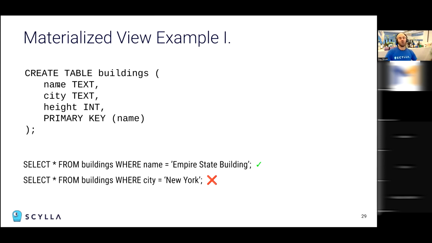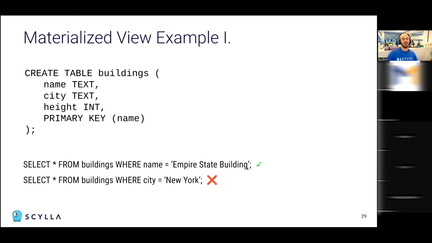When we query this table, we have to provide the partition key. Otherwise, if you remember the partitioning hash function, the database would not know where our data exists and where to look for it. So if we perform this query, select from buildings where name equals something, then we provide the partition key.